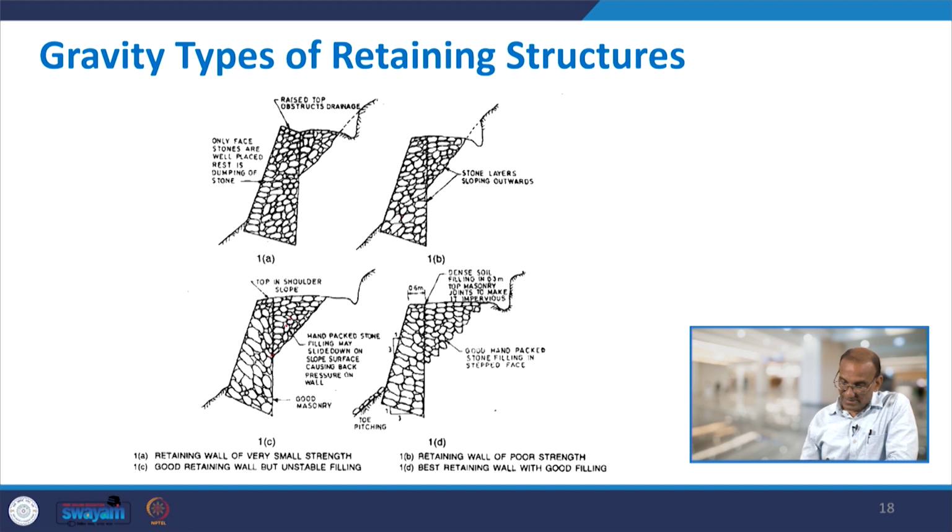In the D case you are also providing toe pitching, which was completely missing in A, B and C, and the slope is also maintained at 1, 2, 3, and dense soil filling is done compared to the C case. So the D case is the best out of the 4 cases considered.